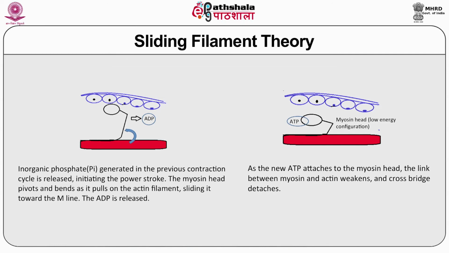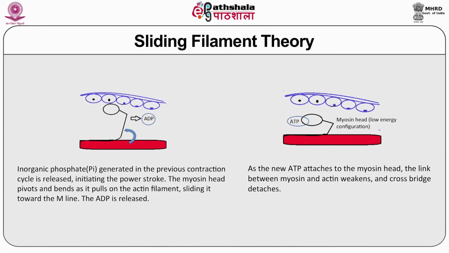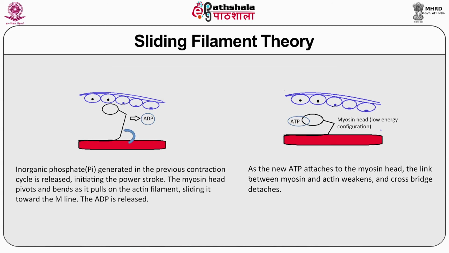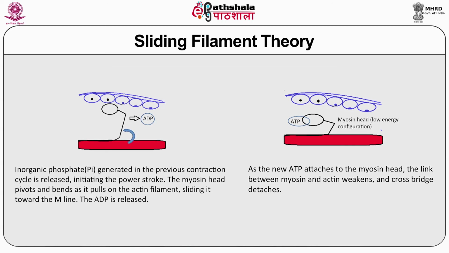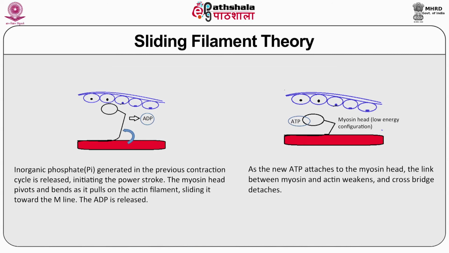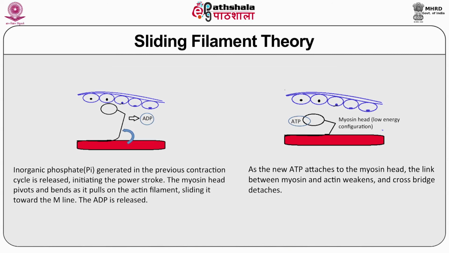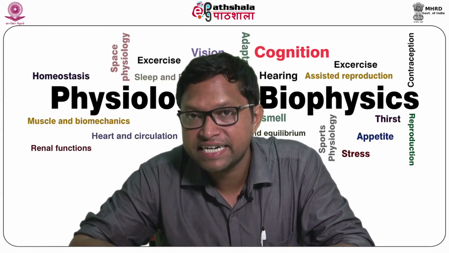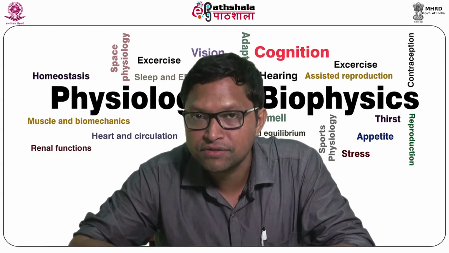Now, this free calcium will go and bind with the troponin C. Now, the binding causes weakening of the interaction between the actin and troponin I, which in turn results in exposing the sites for the actin binding on the myosin.